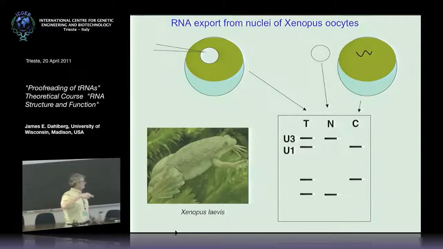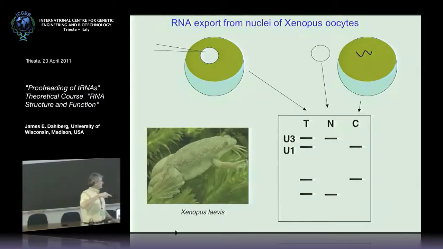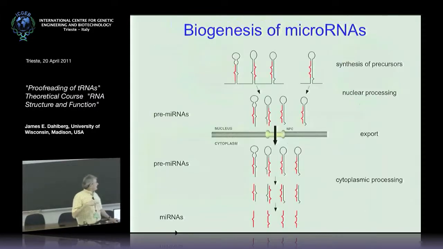The reason we put these into all of our experiments is that it allows us to know whether we've hit the nucleus in the injection to begin with the needle, whether the cells are dead, and we know how these RNAs should behave. And so we always check our injections to make sure that those end up in the appropriate place. And then we can see where the experimental RNAs are.